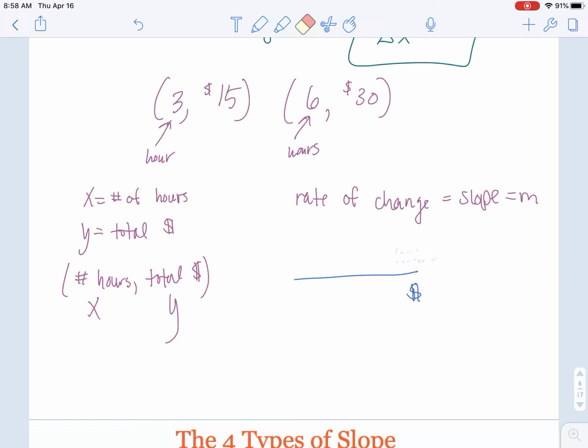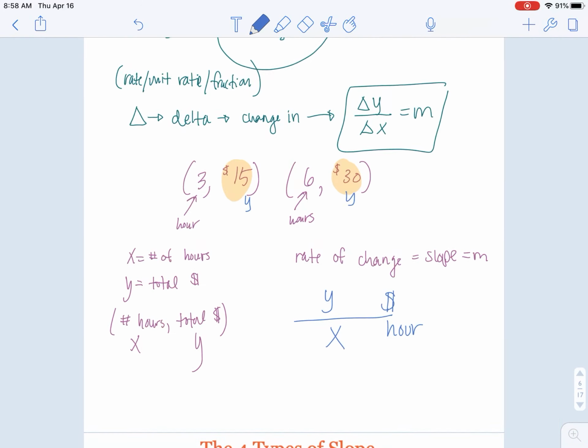No, you're not going to talk about hours per dollar. You're going to talk about dollars per hour. And which one represents your dollars? 15 and 30. That is your Y, okay? So if we want to find our dollars per hour, it's going to be Y over X.